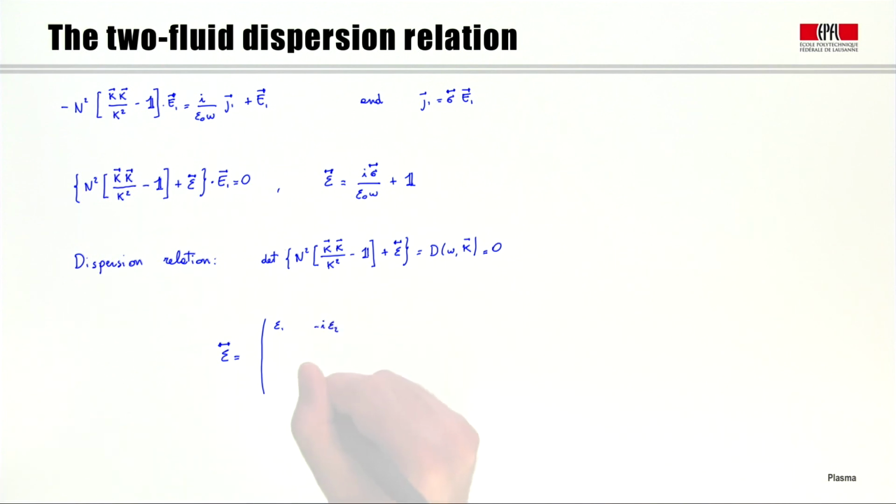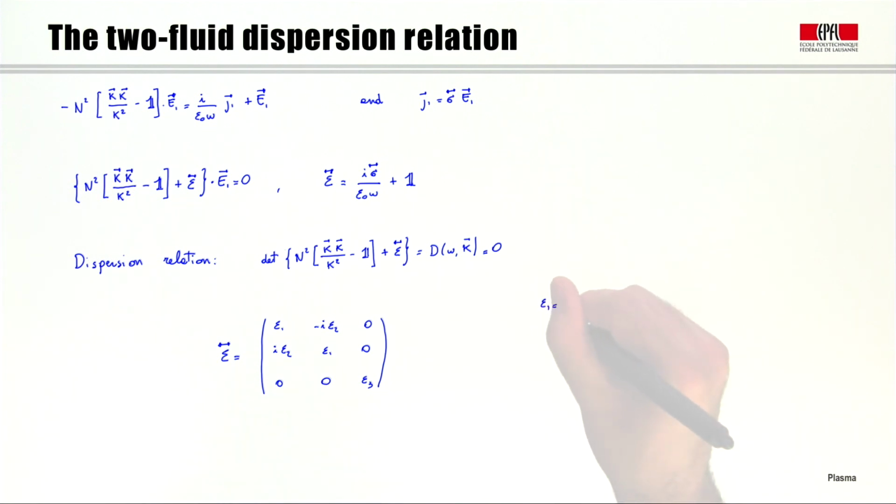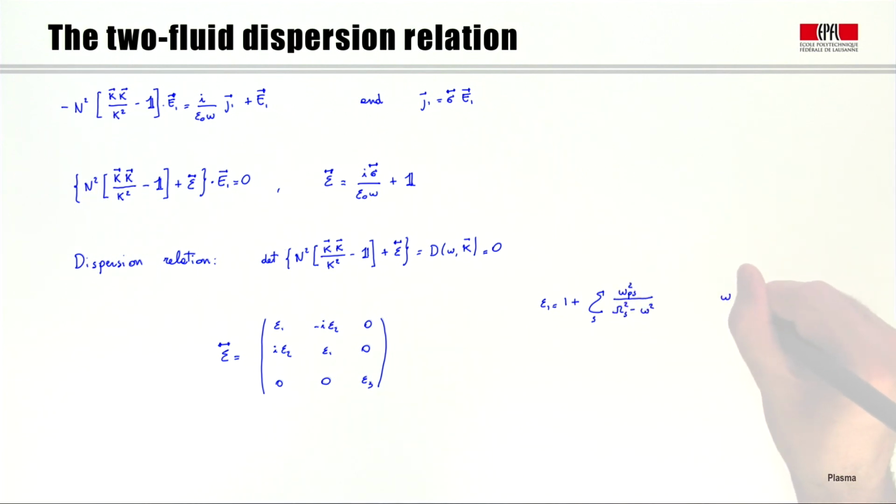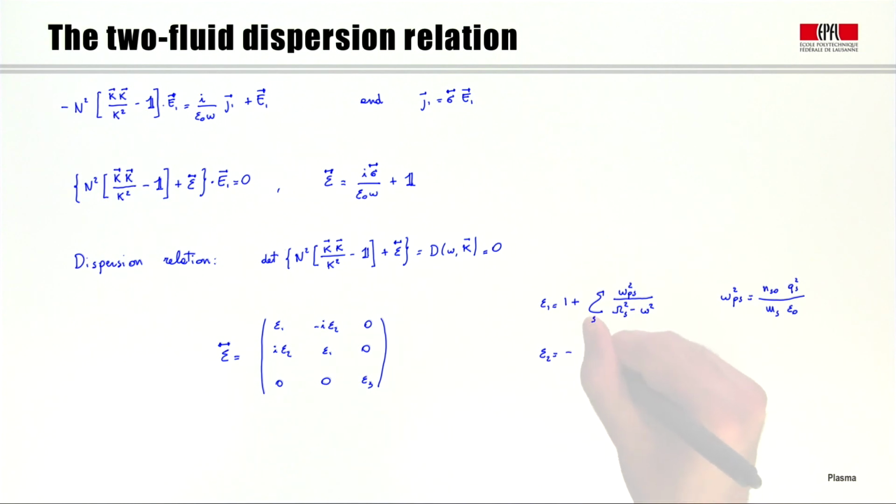This can be written by introducing three parameters: epsilon 1, epsilon 2, and epsilon 3, where epsilon 1 is defined as 1 plus the sum over all species of the plasma frequency of species s squared divided by the cyclotron frequency squared minus omega squared. I remind you that the plasma frequency squared of species s is equal to n_s0, the equilibrium density, times the charge squared, divided by the mass times epsilon 0.